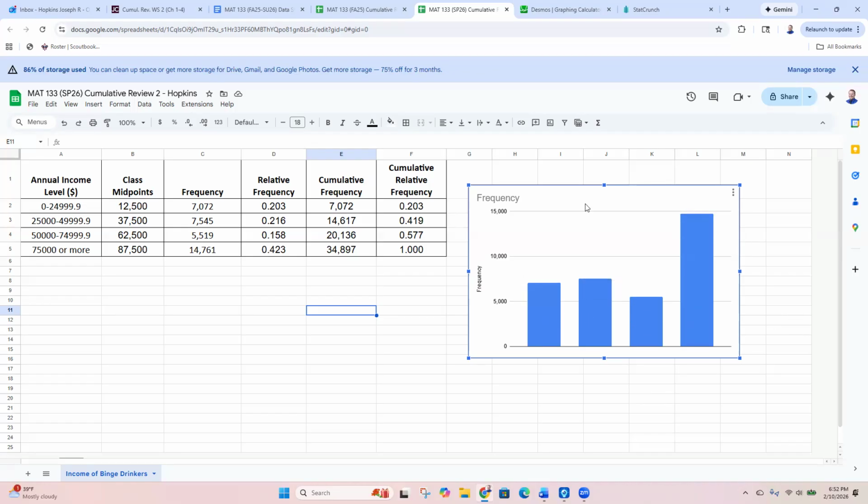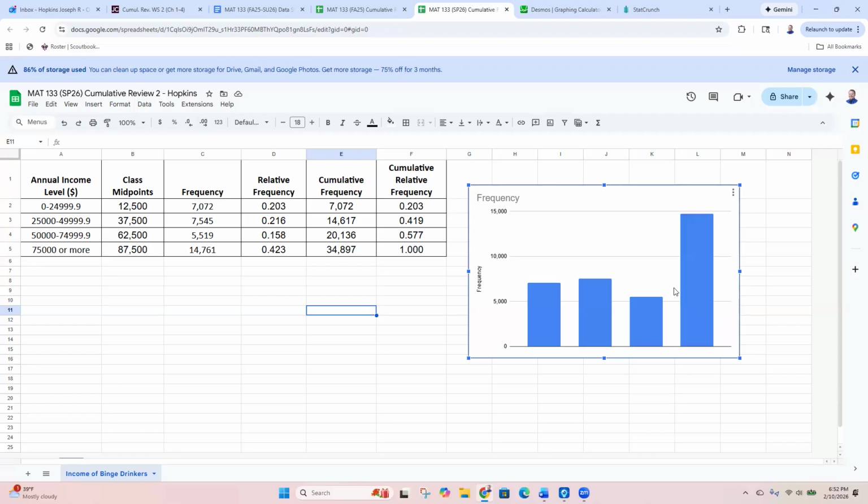This first and second bar are kind of large, and then this third bar starts to go down. If we had kept going with our widths at 25,000 and not lumped it all together, this next bar probably would have been this high, and the next one this high, and so on. Once you get out a little farther and your numbers start going down, it's okay to lump them together.